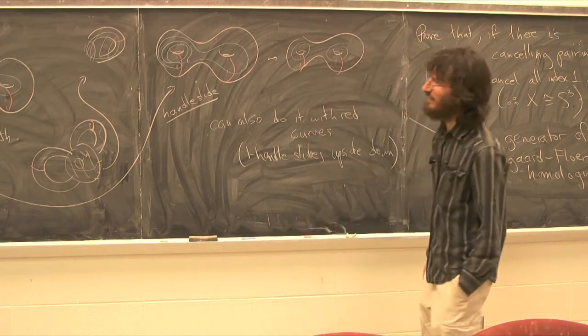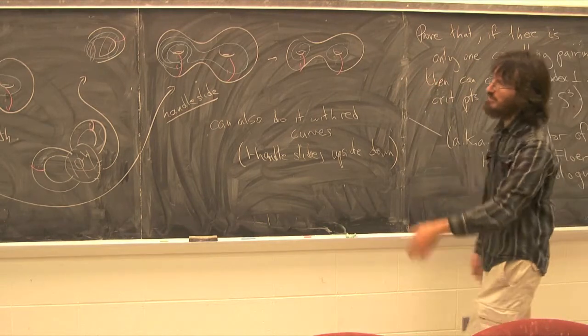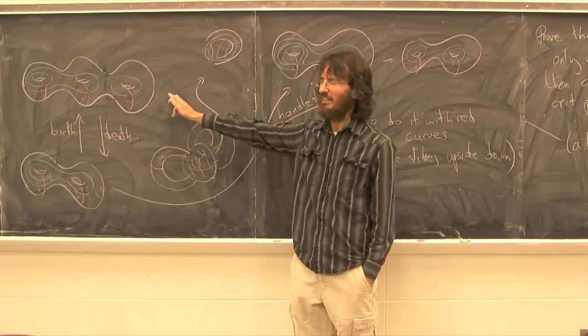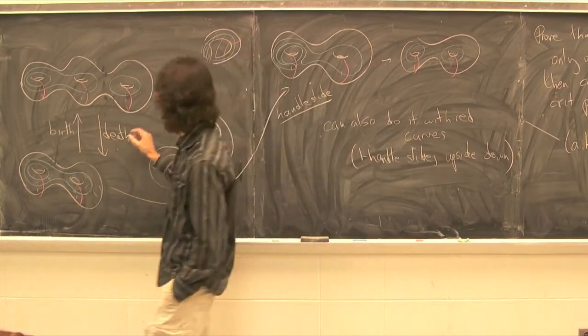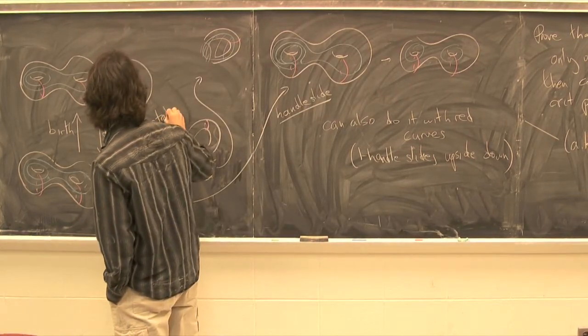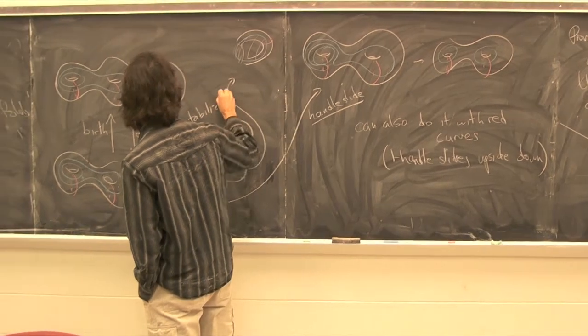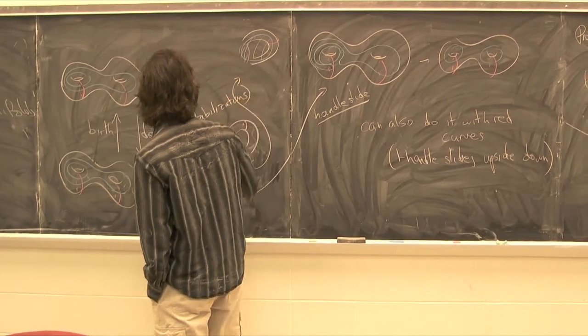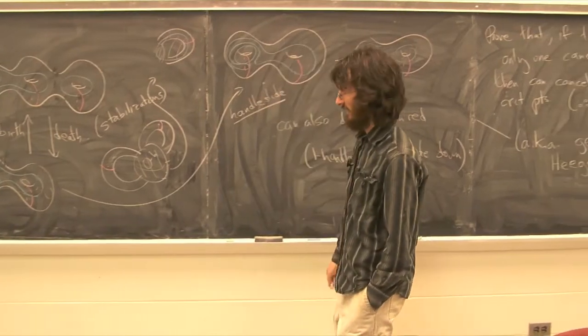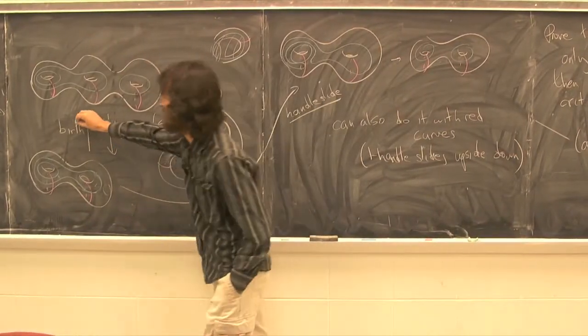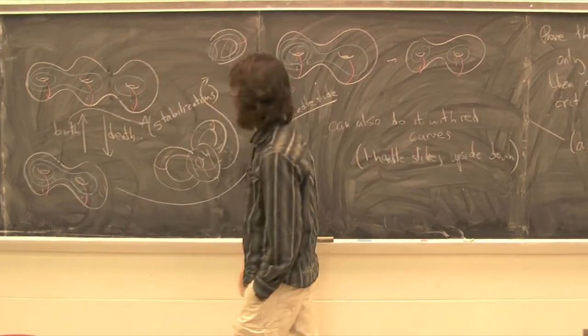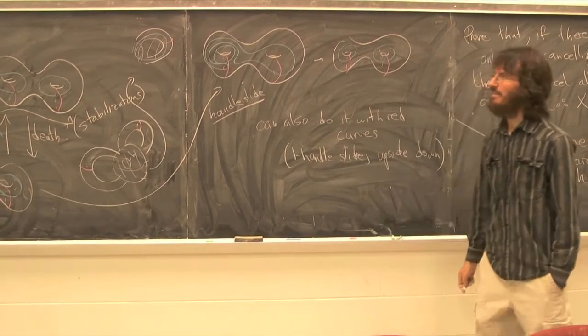So those are the moves. If I have a picture like that that describes a three manifold, you are allowed to do births or deaths, which in three manifold world are often called stabilizations and destabilizations. Adding one of these is called stabilization. Death is destabilizing.